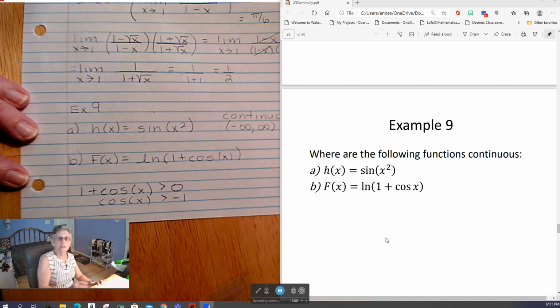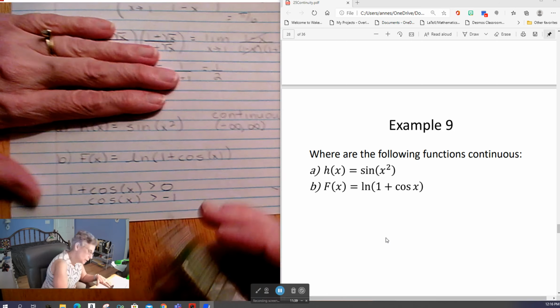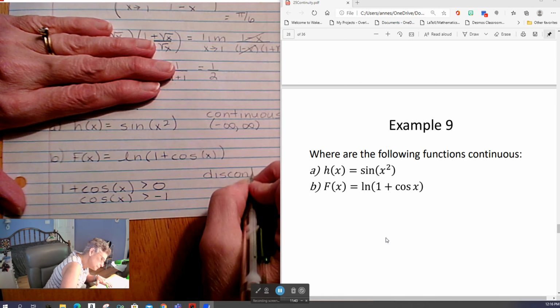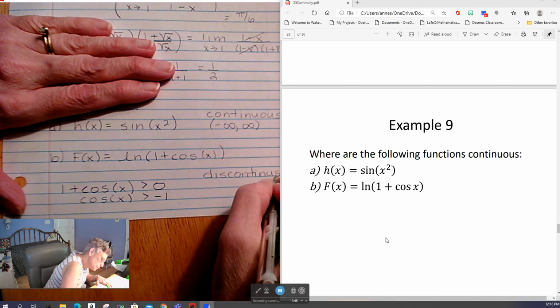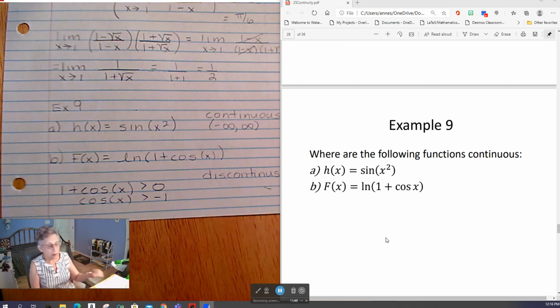So this function is continuous everywhere except places that cosine is equal to -1. It's never less than -1. So this is discontinuous at every odd multiple of pi.